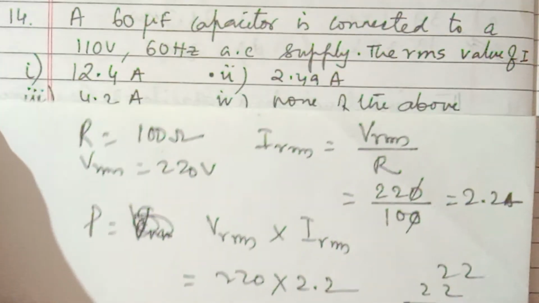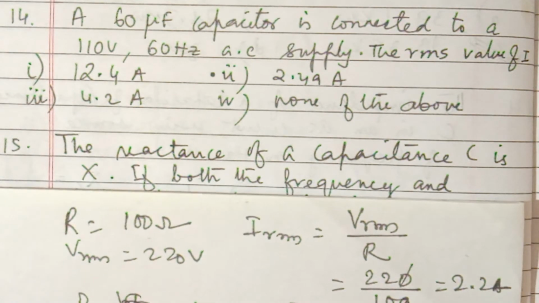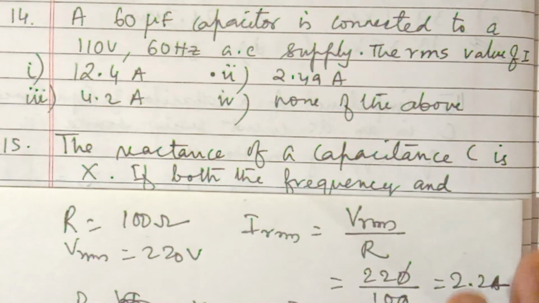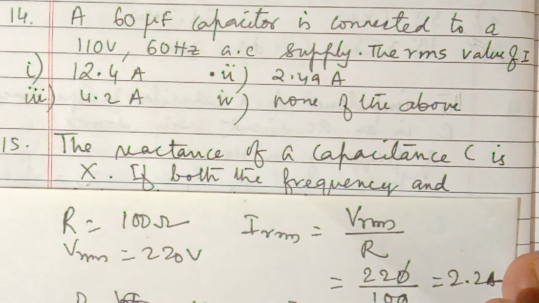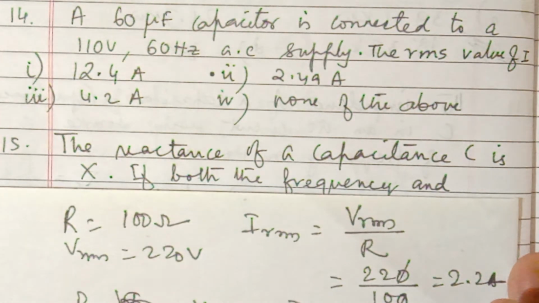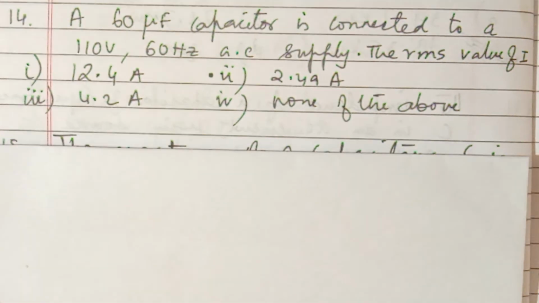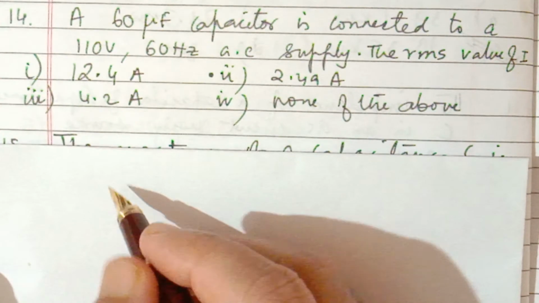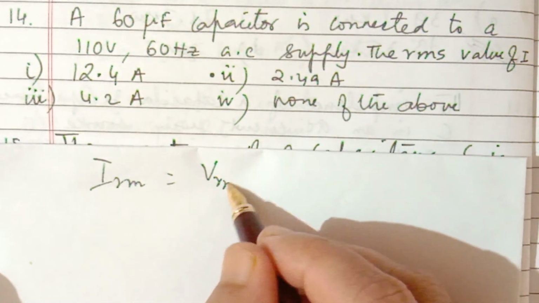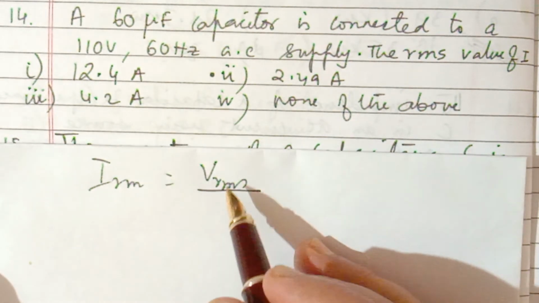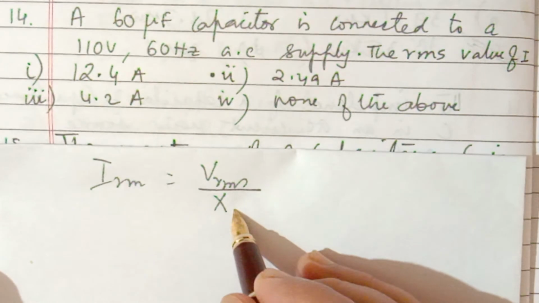Next question, a 60 microfarad capacitor is connected to a 110 volt and 60 hertz AC supply. You have to find the RMS value of current. So here IRMS will be equal to VRMS by the reactance of the capacitor XC.